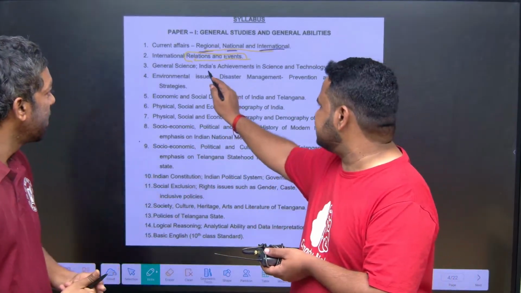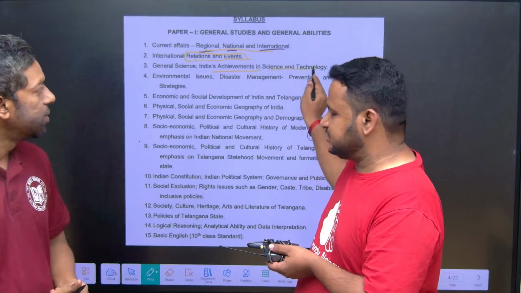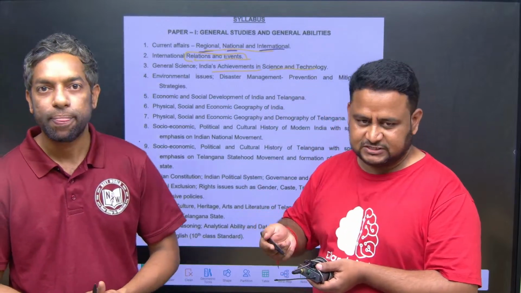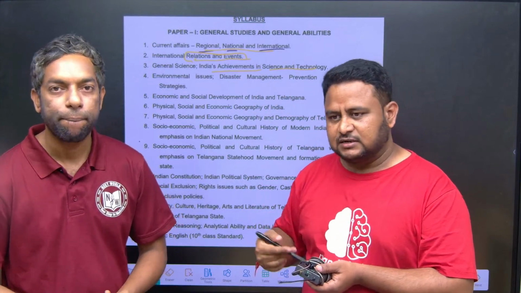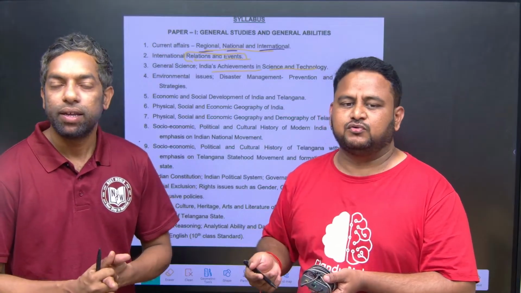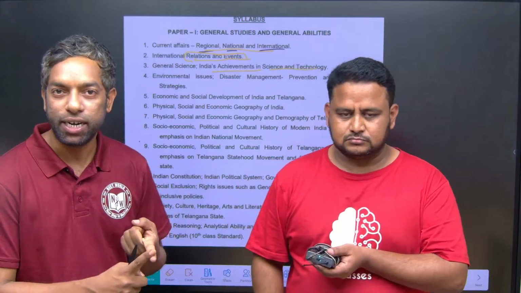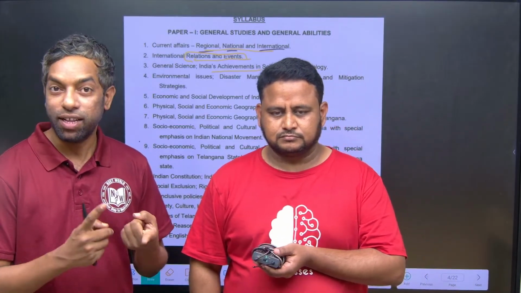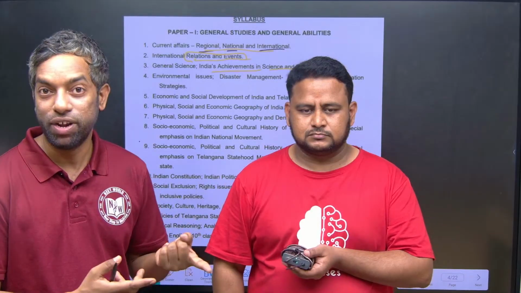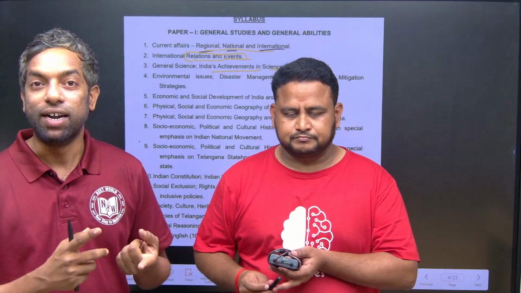Next is general science and India's achievements in science and technology, be it nuclear technology, space technology, or defense, and what new defense equipment we have got. There are four types of technologies. Information technology has innovations every day, like the metaverse and digital currency.